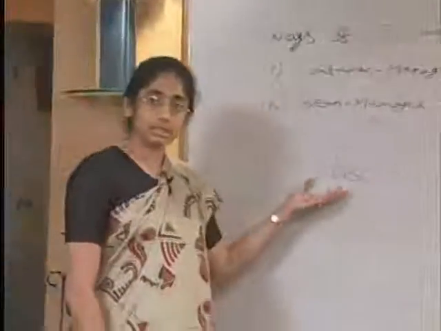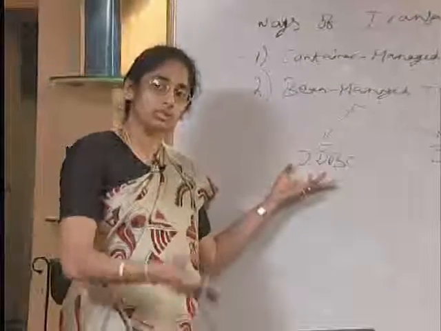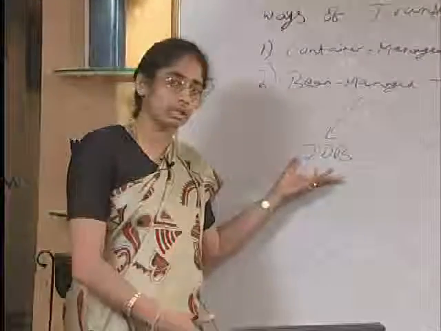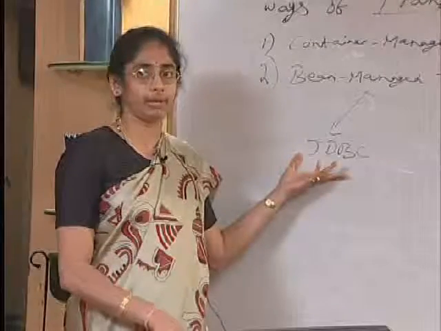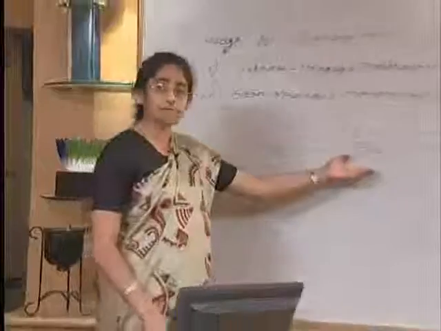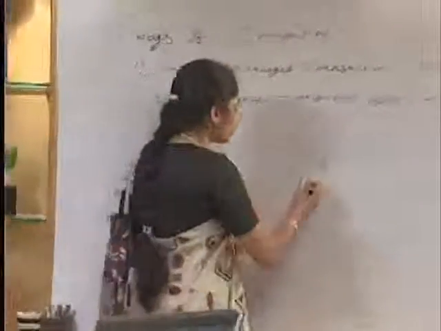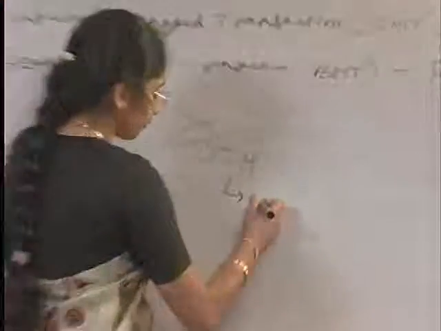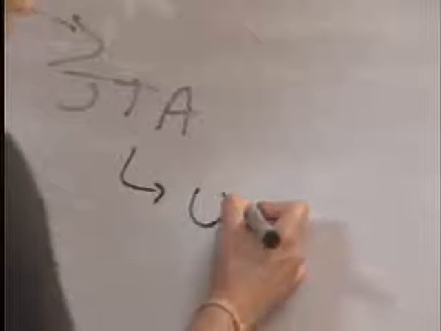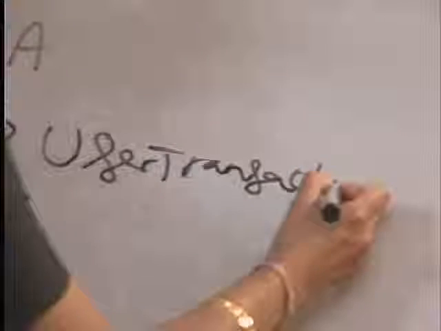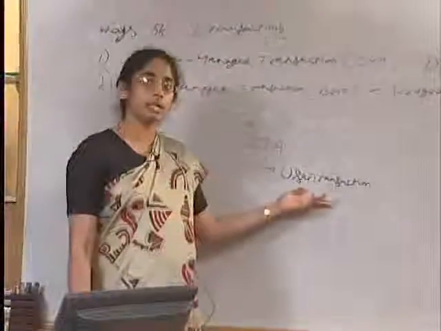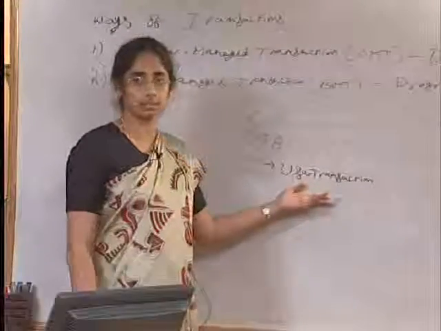If you use JDBC, then of course to end a transaction you just call commit, or you specify rollback. In case of JTA, you need to make use of the UserTransaction interface. This is available in javax.transaction.UserTransaction.